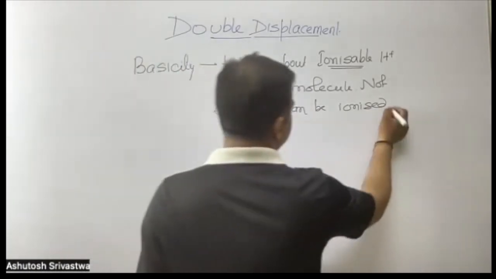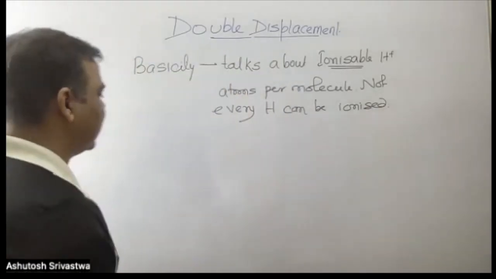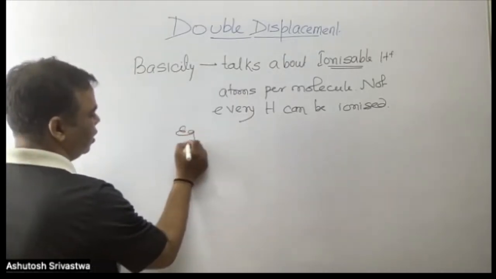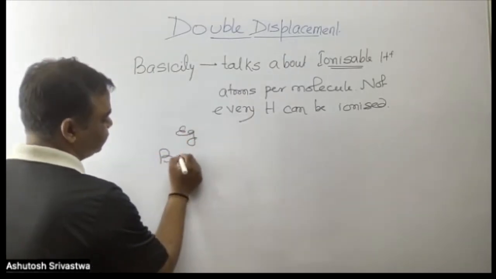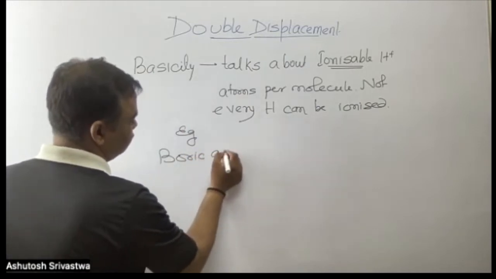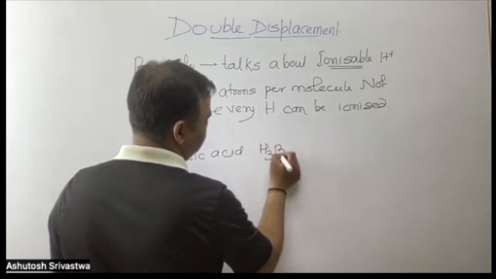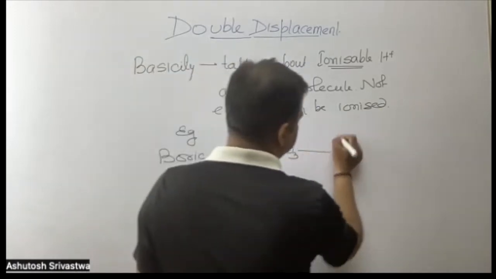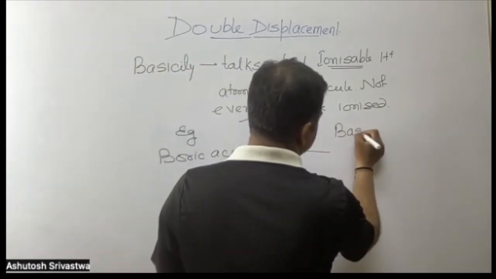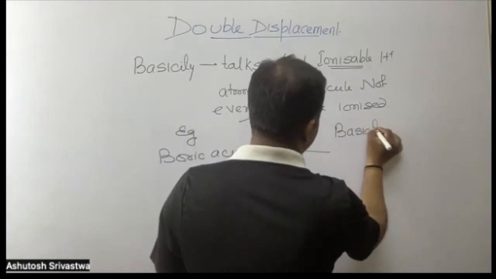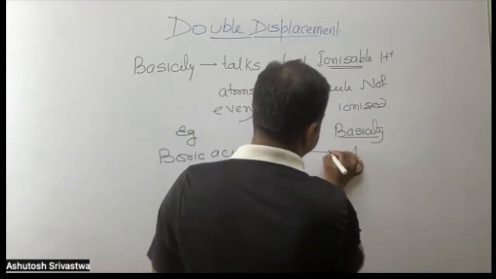Let us take an example: boric acid, formula H3BO3. We have 3 hydrogens, but basicity is equal to 1.